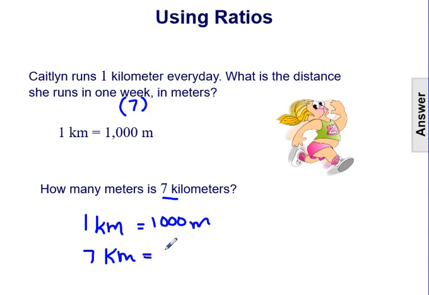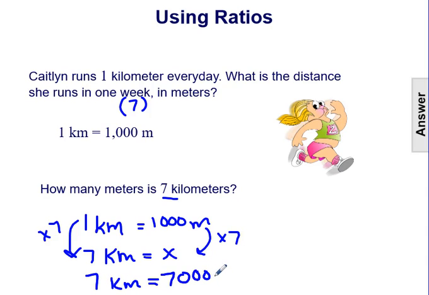We want to know that unknown amount of meters for 7 kilometers. Well, 1 to 7 would be multiplying by 7. So if I multiply 1,000 by 7, I'm going to get that 7 kilometers is 7,000 meters. So she is running 7,000 meters in 1 week. If she's running that 1 kilometer every day, she's now running 7,000 meters in 1 week.